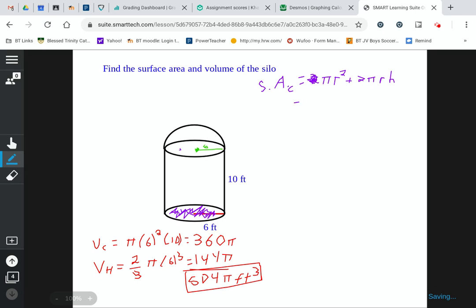So my actual surface area would be pi times 6 squared plus 2 pi times 6 times the height, which is 10.